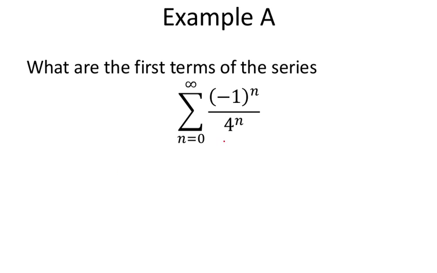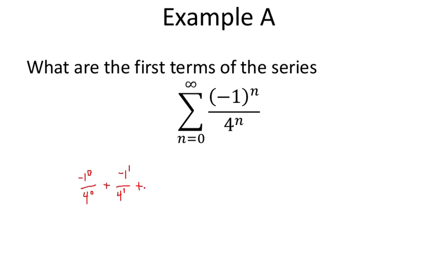And so we have -1 to the 0 power over 4 to the 0, plus -1 to the first power over 4 to the first.